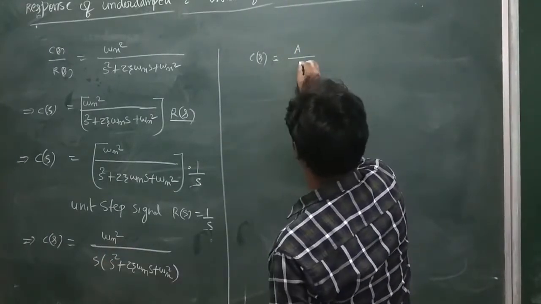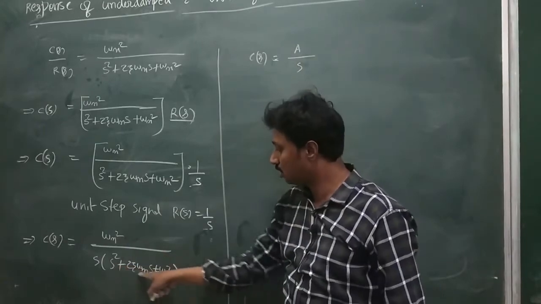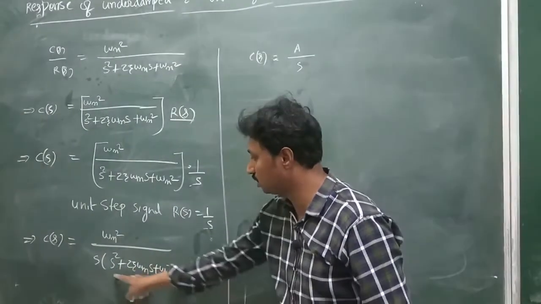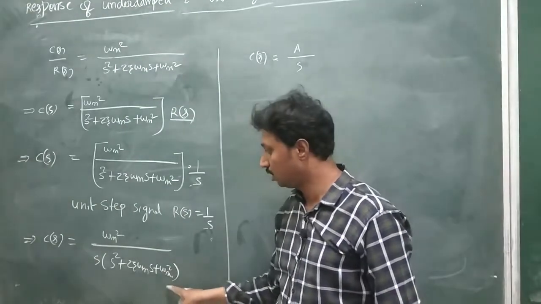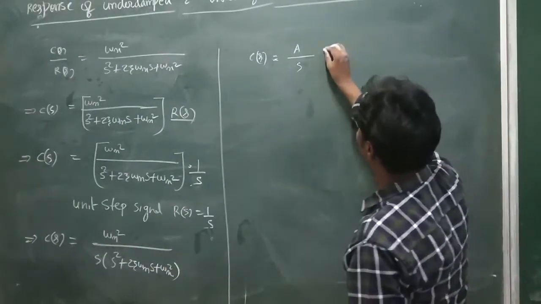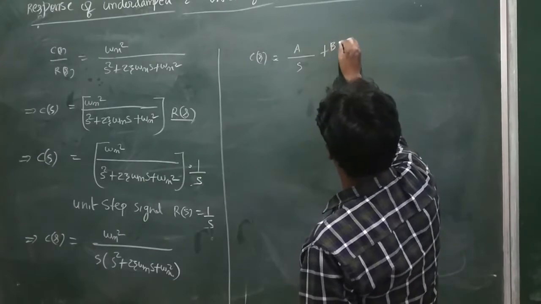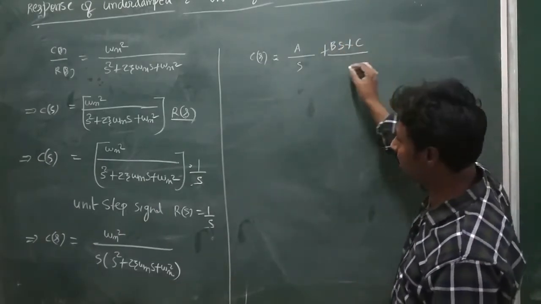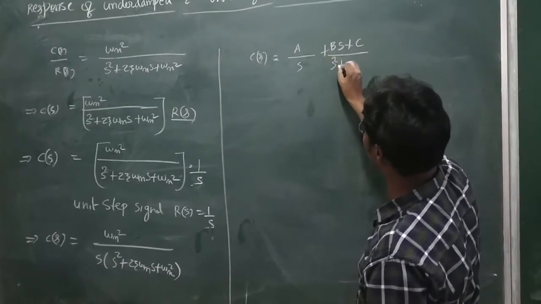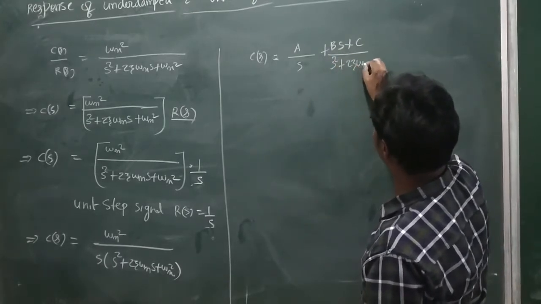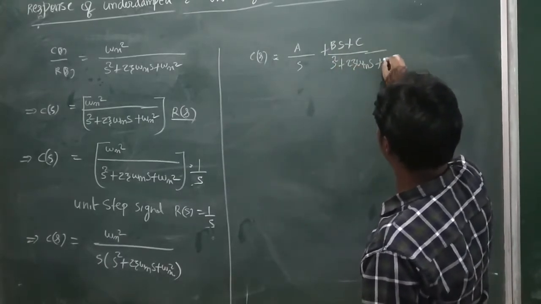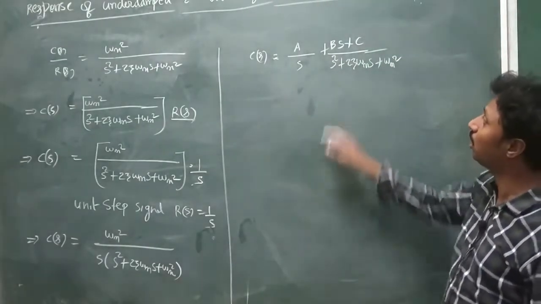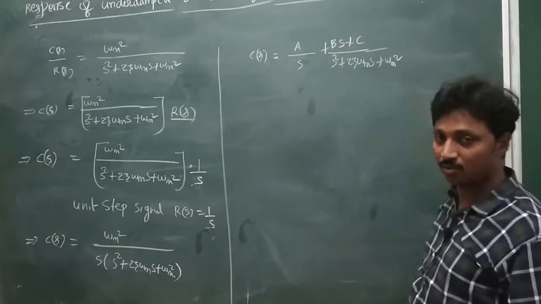Since this equation has complex roots, you are going to write A by s plus Bs plus C by s square plus 2 zeta omega n s plus omega n square. Now you have to find the A, B, C values.